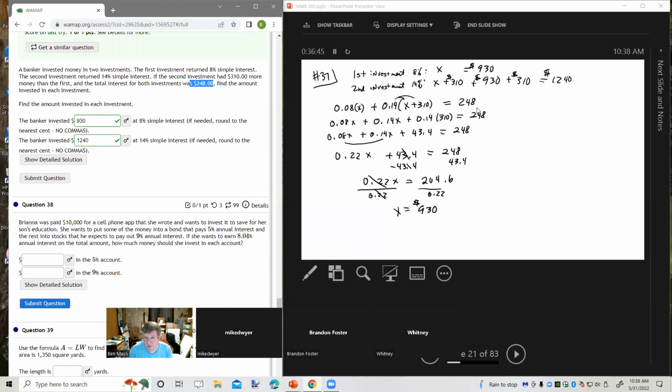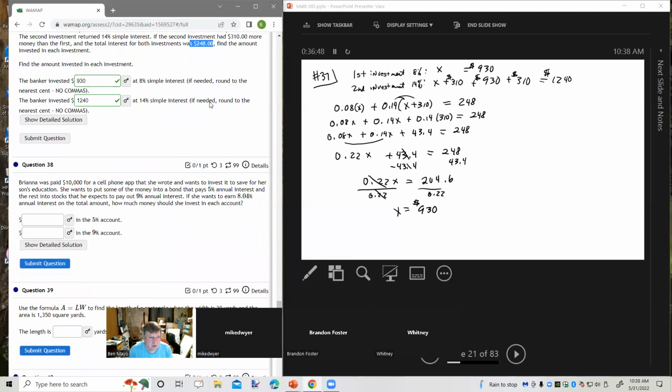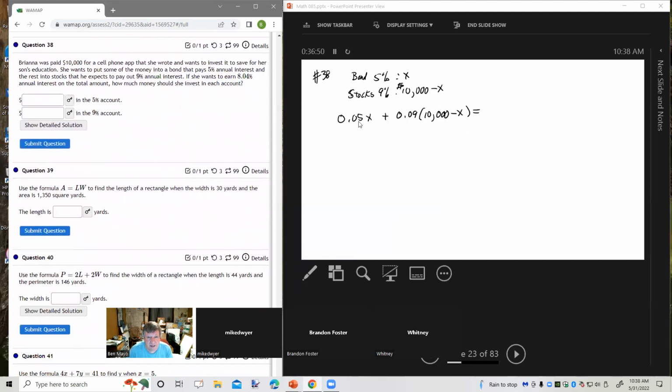Here we go, and it equaled the total amount of interest. But in this problem, in 38, it doesn't give us the total amount of interest. It says that this amount of interest plus this amount of interest is equal to 8.04% of the total amount.